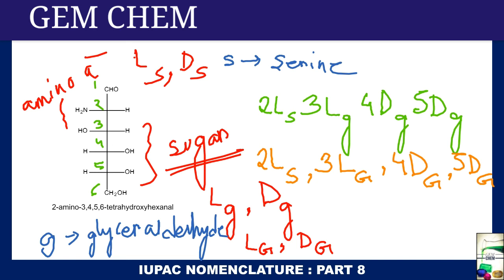So this is very important to understand, and that's why at first we have seen that this is a relative configuration and not an absolute one, and this method is now used only for practice purposes. It is obsolete because now RS nomenclature has come and it is more efficient to denote the chiral centers.